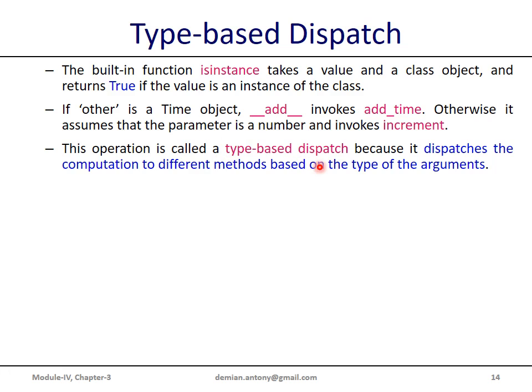In the previous example we saw that based on the type of parameter other, add time is invoked or increment is invoked. Add time is invoked when other is of type Time. Otherwise, if it represents a number, other than an object of type Time, then we make a call to increment, and this happens at runtime. The method is chosen for execution based on the type of the parameter at runtime. That's why the concept is called type-based method dispatch.